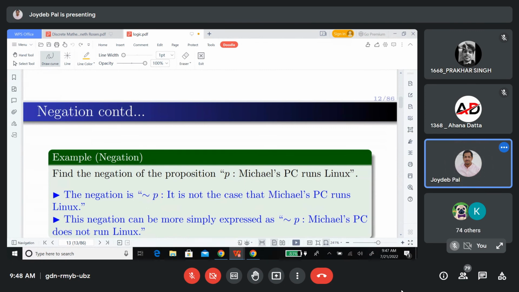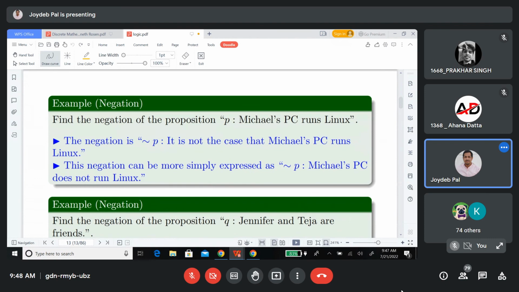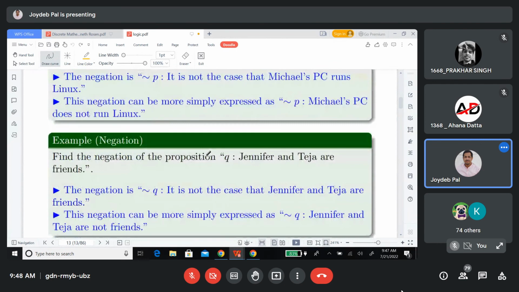And actually there are not always only two ways. There may be more than two ways to write a negation. I am showing you another example. Jennifer and Teja are friends.